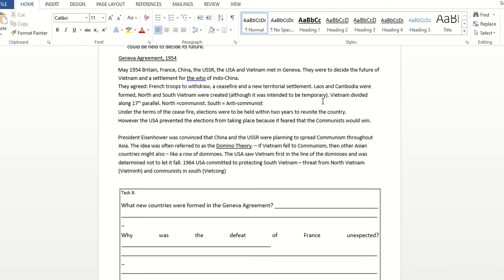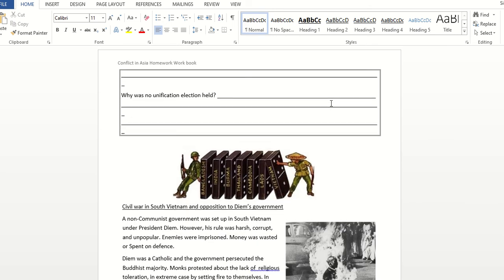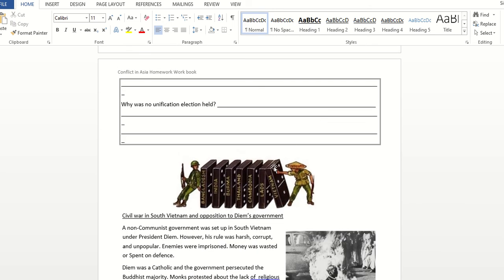The USA supported the South because they had an idea called domino theory. This is very similar to containment. If you have a look at this diagram here, you can see how the Americans thought that if Vietnam became communist and the Vietcong were able to turn it communist, then the rest of Southeast Asia would follow, with Laos, Cambodia, Thailand, Burma, India and Bangladesh soon following.